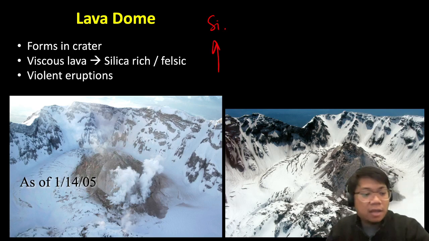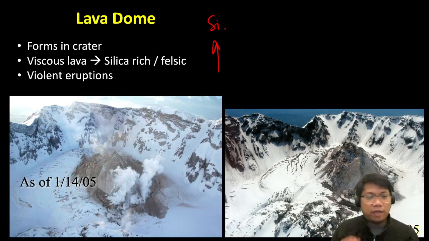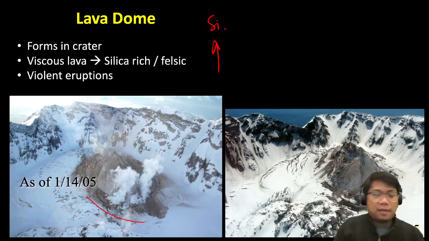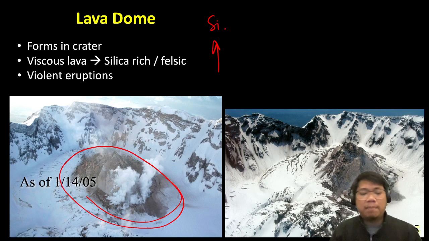Okay, it has a lot of silica within its magma or lava, and it makes the magma very viscous, and sometimes this very thick and very sticky magma simply plugs the entire system. Okay, it plugs the plumbing system of this volcano, and it creates a dome right in the center of its crater.